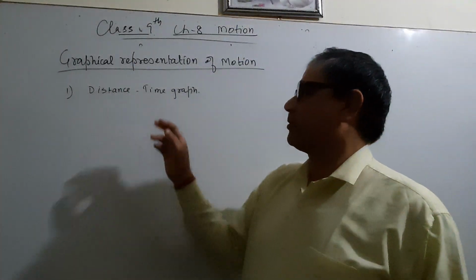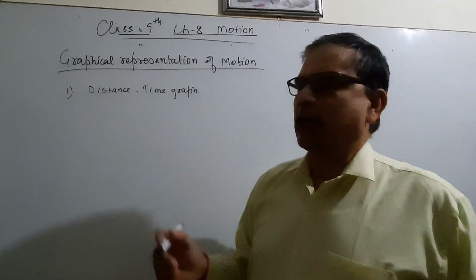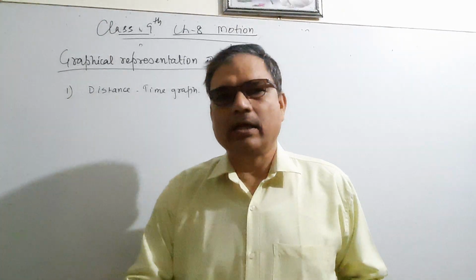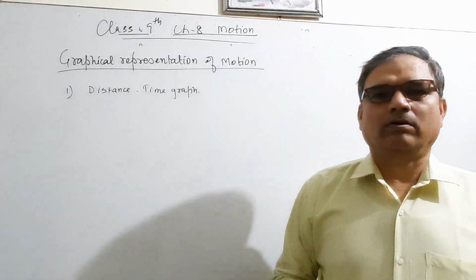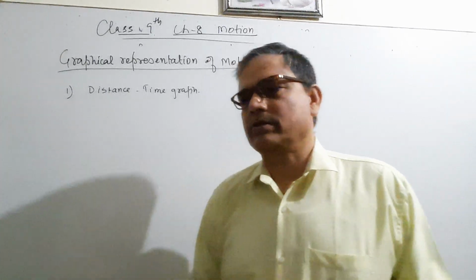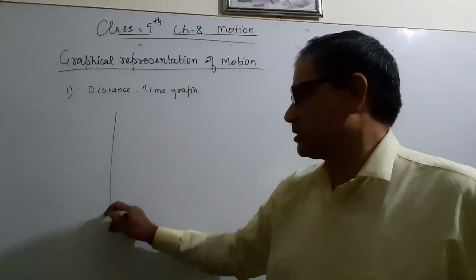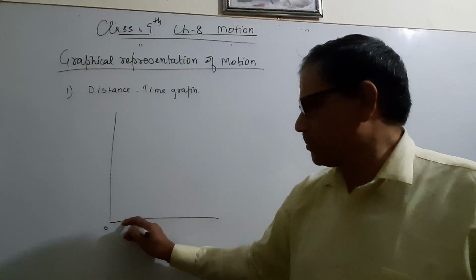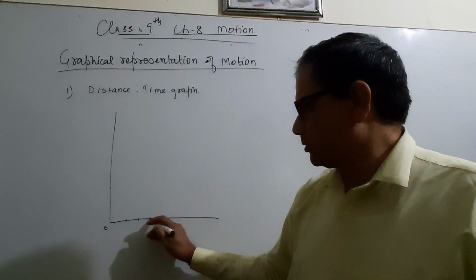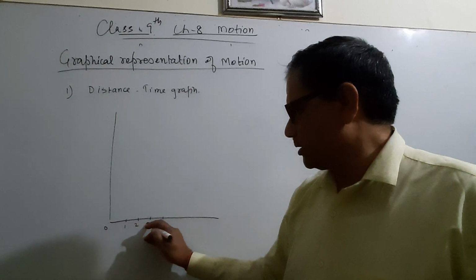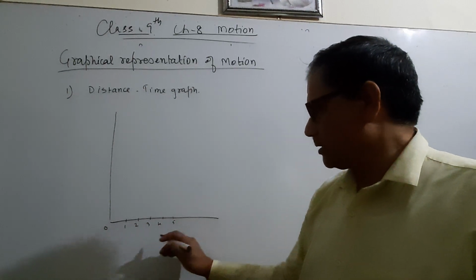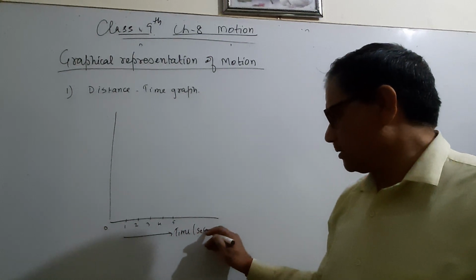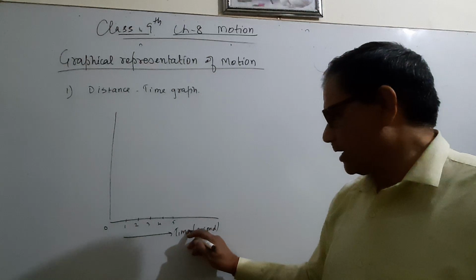the distance-time graph? First, time is always taken on the horizontal line, the x-axis, and the other variables, like distance and velocity, are taken on the y-axis. If you draw the distance-time graph, here is the origin 0, and then 1, 2, 3, 4, 5 seconds. Here is the time in seconds, or we can write s.